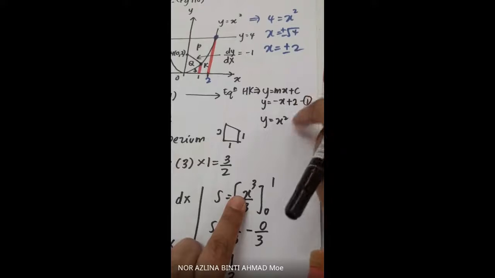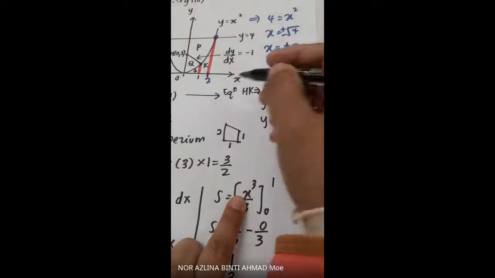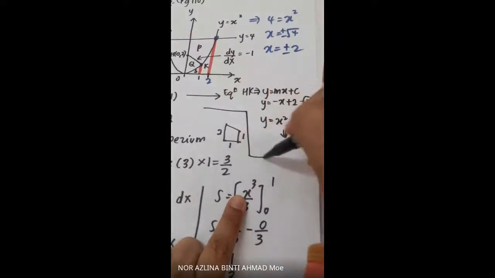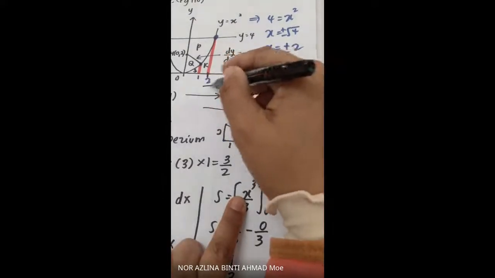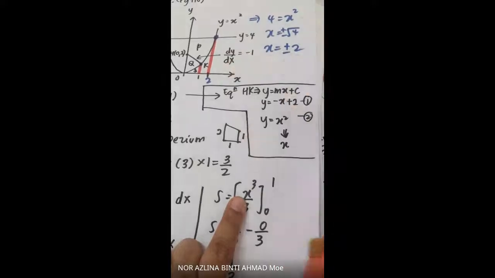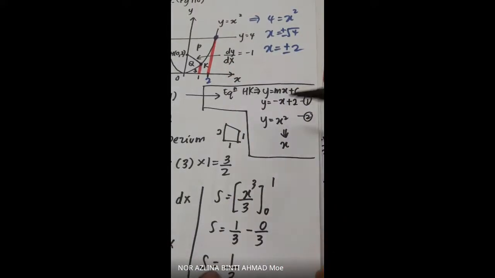So you can use substitution to get the value of x. This is 4a. Then you get x equal to -2 and x equal to 1.